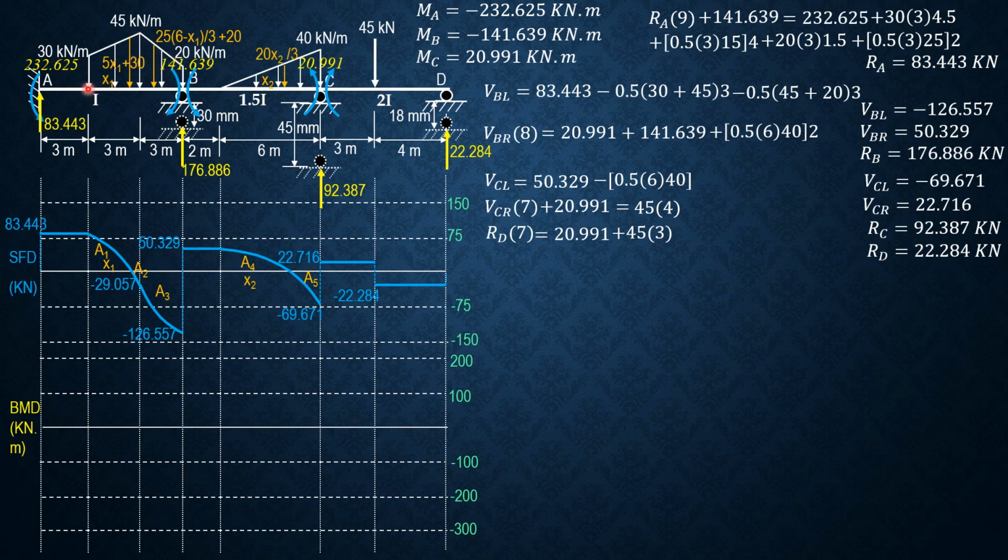Remember that our x1 is from this point here up to any section before B. So this is 6 minus x1. So this is W minus 20 as to 6 minus x1 equals 25, where 25 is 45 minus 20 as to 3. That's why we have 25 over 3 quantity 6 minus x1 plus 20.